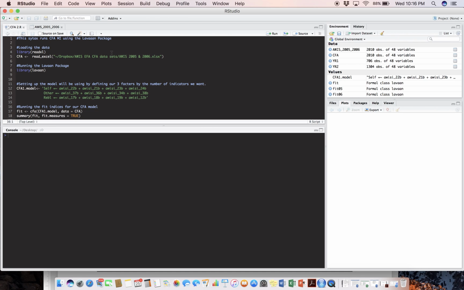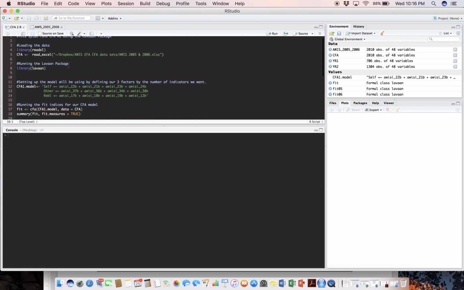So confirmatory is essentially to confirm that we have the number of constructs that we think we have, and to see how well they're represented by each item, with respect to each factor loading for a particular item, and how, in terms of wording and verbiage used in the item, it adequately reflects our latent construct.